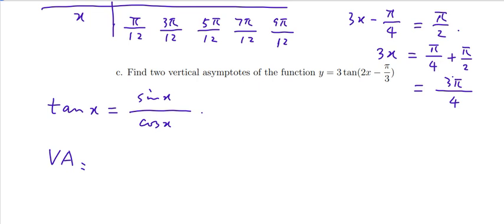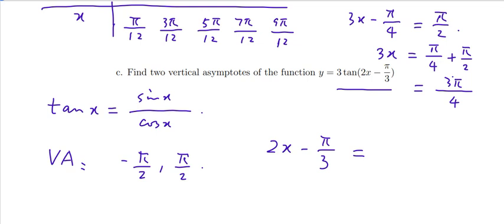The simplest solutions are negative pi over 2 and positive pi over 2. Okay, so this is for basic tangent. By now we have this function tangent, and the idea is quite the same. We just regard this 2x minus pi over 3 as a new variable.